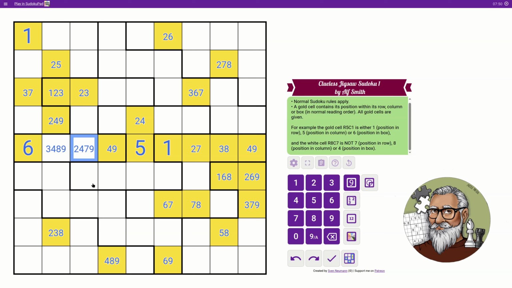This is not really help. Oh, there is a pair here, 4, 9. I looked twice and I didn't see it. Okay, doesn't matter. These aren't 4 or 9. Okay, that's interesting. What does it get me though?